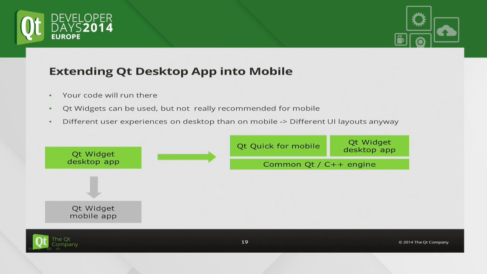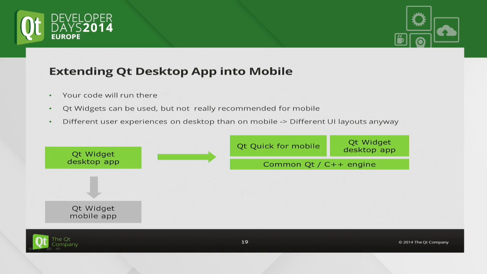So Qt Quick is really the recommended UI for doing mobile apps. What you can do is, if you have a clear separation of your engine parts and UI parts, which quite often with widgets you don't have, then it's rather easy to write a separate Qt Quick UI using the same engine.